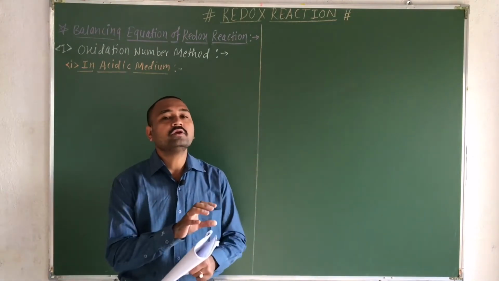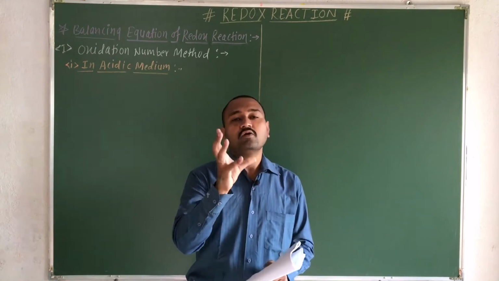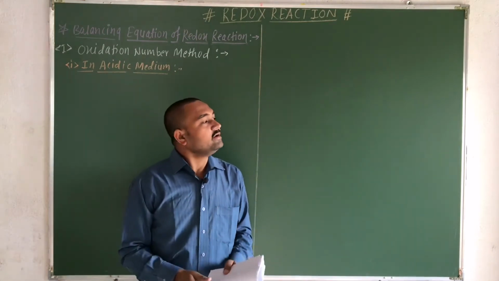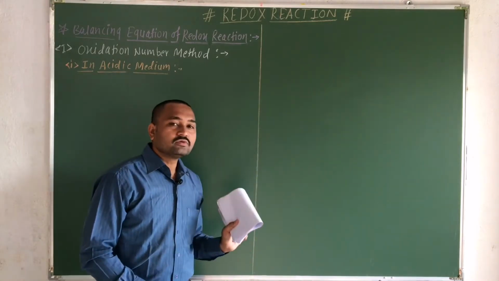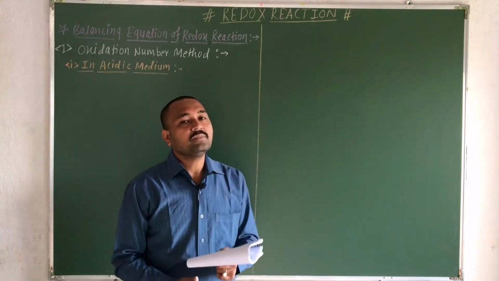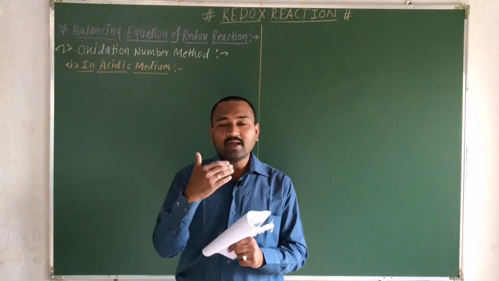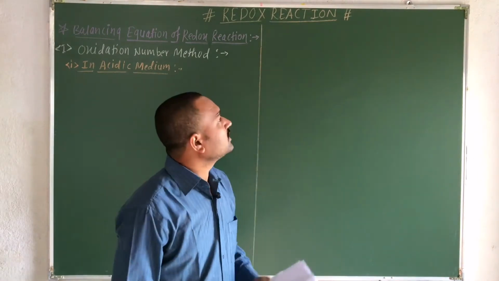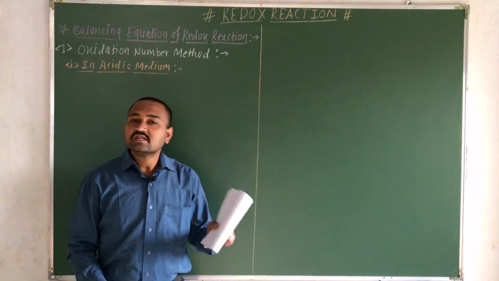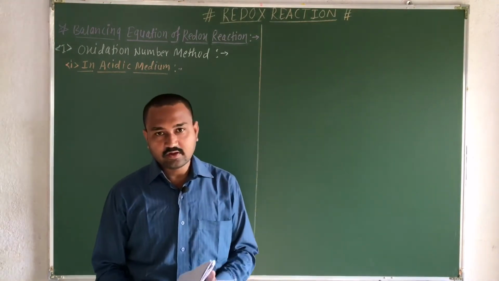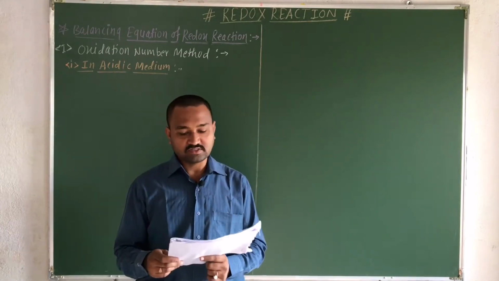I am going to read out the steps that will appear on your screen. Pause the video and note down those steps. Simultaneously I am going to take an example for this method and apply the steps to that example, so that you get a clear idea about these steps as well as how to solve this particular example. So let us start with number one.